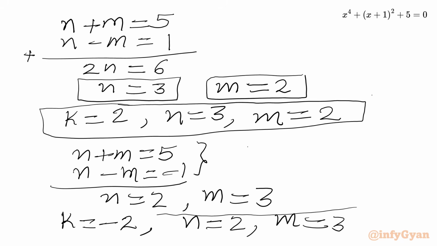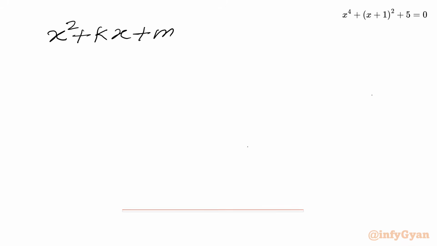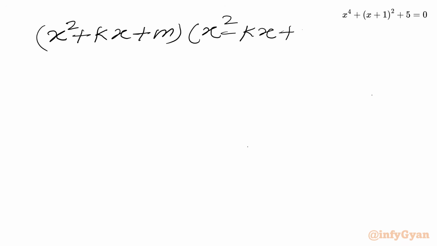If we put these values into our quartic factorization in terms of quadratics, I will write the equation first: x square plus kx plus m times x square minus kx plus n equal to 0.